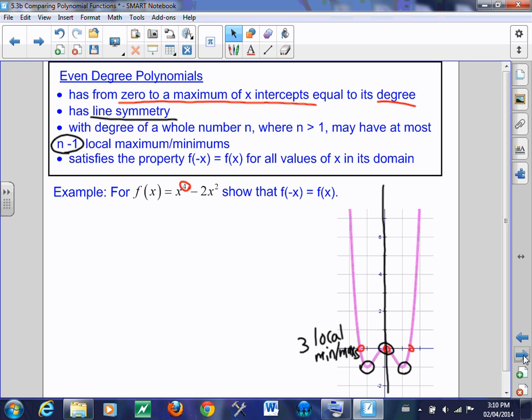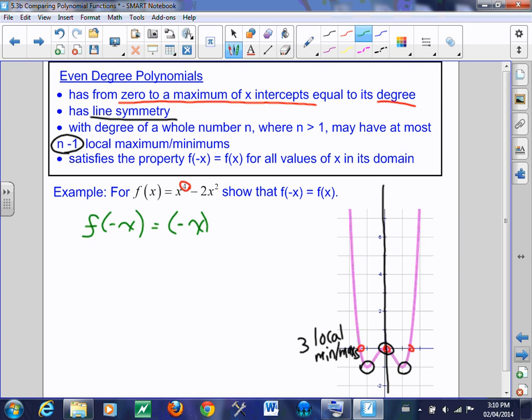All right, so let's prove this, ladies and gentlemen. Okay, so show that f at negative x equals f at x. So we sub that in. So f at negative x equals negative x to the 4th minus 2 times negative x squared. So we have x to the 4th minus 2, be careful here, x squared.